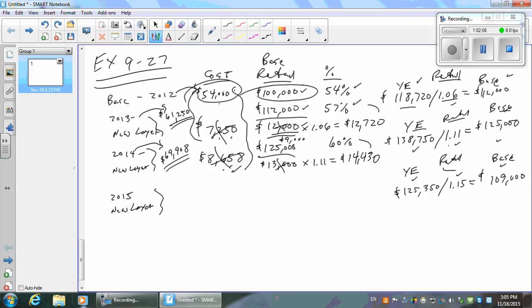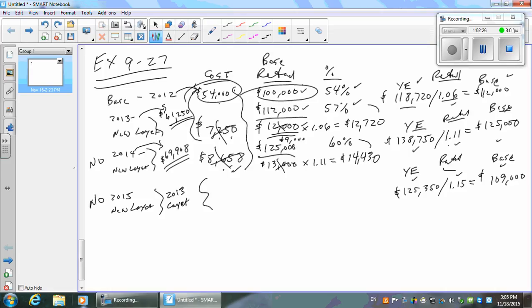What's it reduced down to? Well, what would we do for that? So there's going to be no 2015 layer, right? There's now going to be no 2014 layer, but I am going to have a 2013 layer left, right? How much 2013 layer are you going to have left?